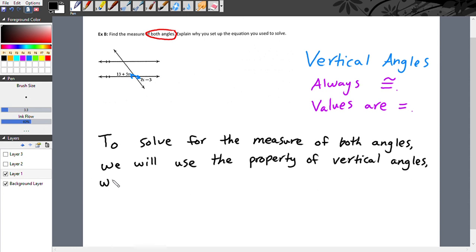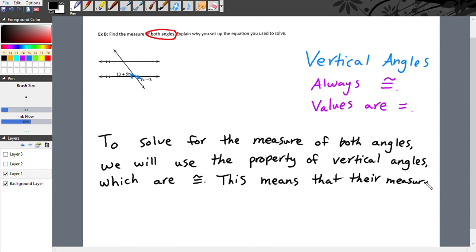And now what do we know about vertical angles? They are congruent. Now what does it mean to be congruent angles? This means that their measures are equal to each other.